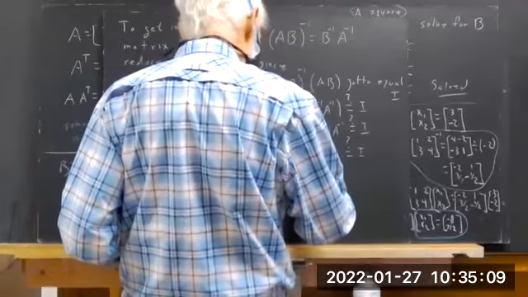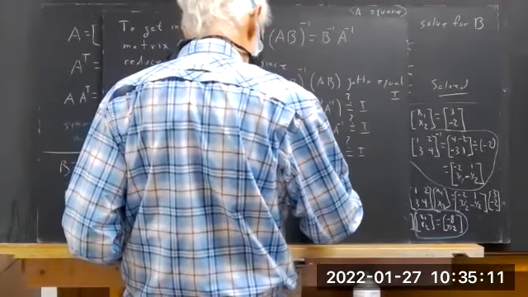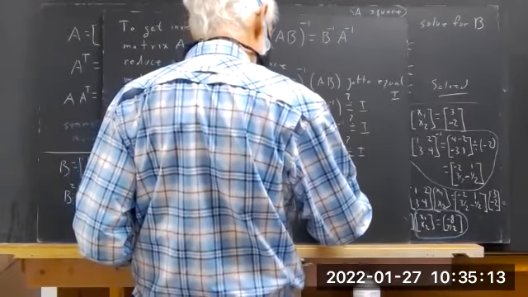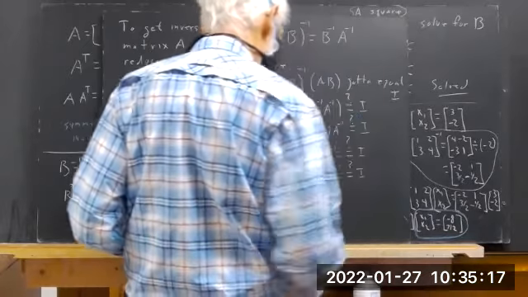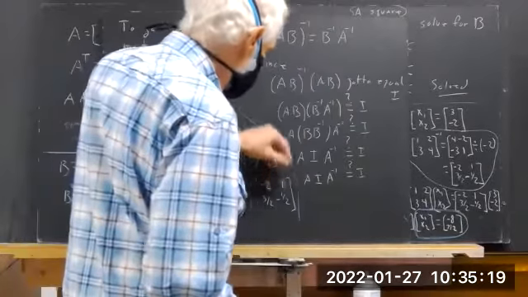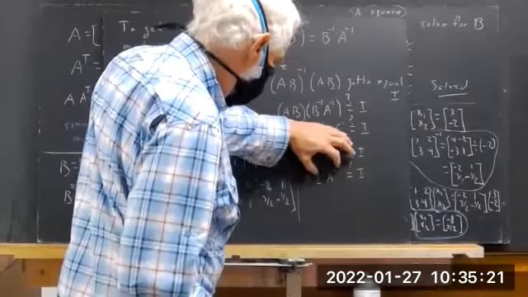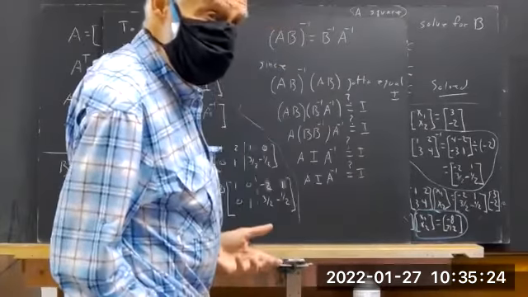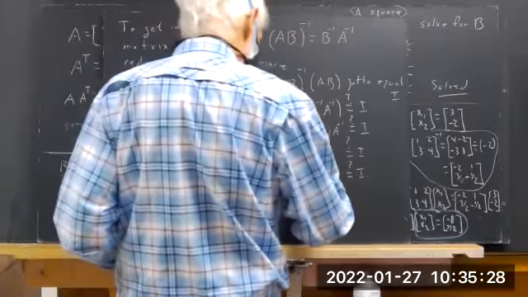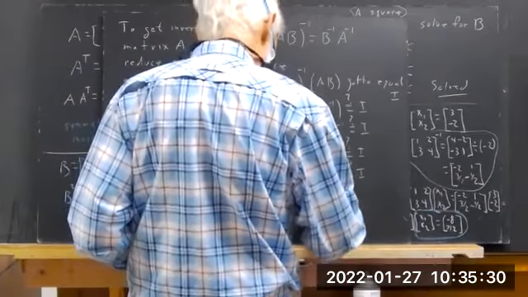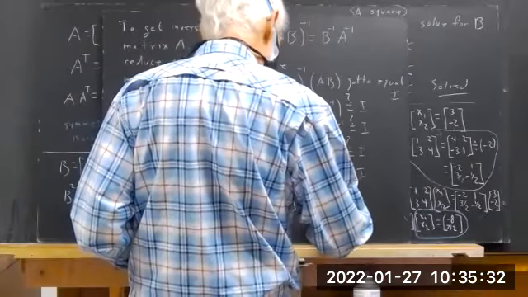Well, this is the same then as, can group this either by grouping the A times the I or the I times the inverse, right? Either way, if I group it this way, this gives me then A times A inverse.